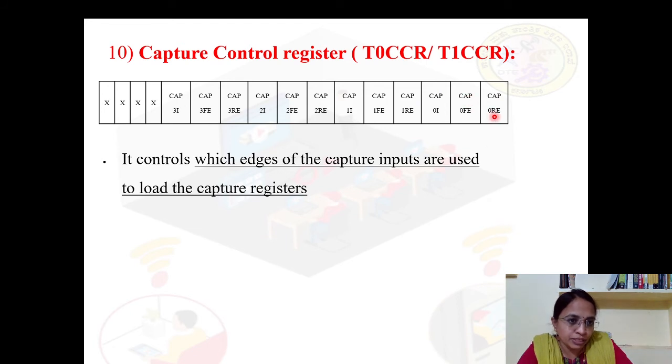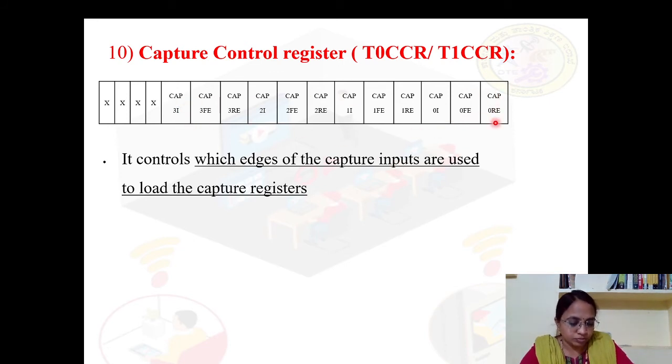If this bit is set, then RE indicates rising edge, FE indicates falling edge, and I indicates interrupt. So on which edge of the input the capturing action will take place will be decided by these bits.